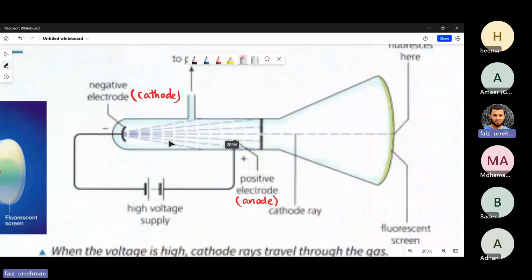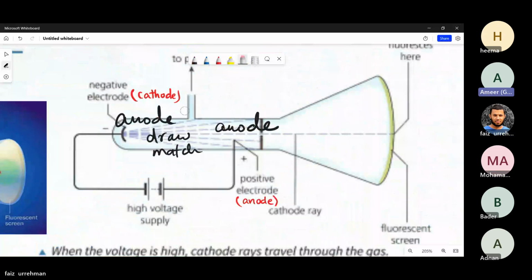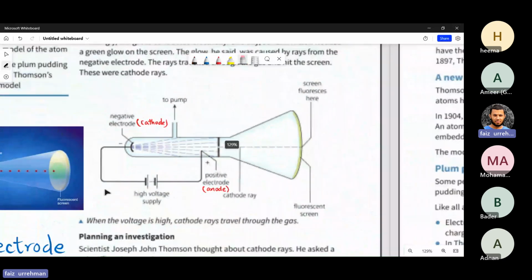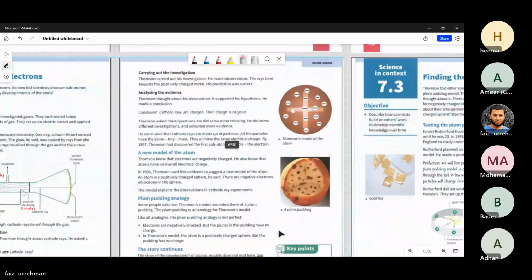You have an anode here as well as an anode here. No, nothing would happen. I think it will be a draw match. I don't know about this. This is too much chemistry for me. You will decide by the penalty kick.